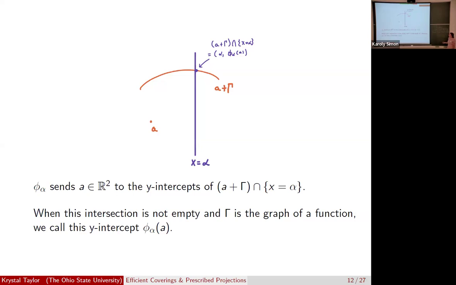Then we're sending A to its set of y-intercepts along this curve. More generally this is a set function, but in the special case that gamma is a graph and this thing is non-empty, we're identifying phi alpha of A with the y-intercepts of this intersection.